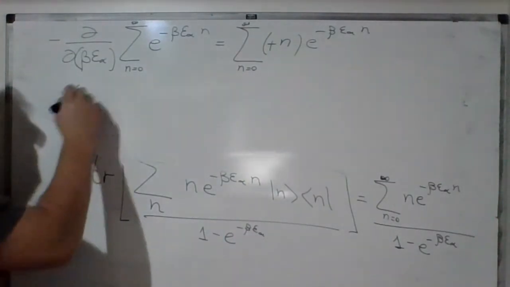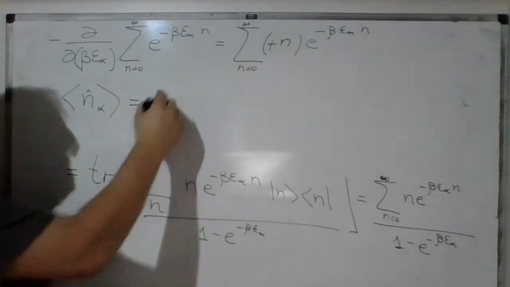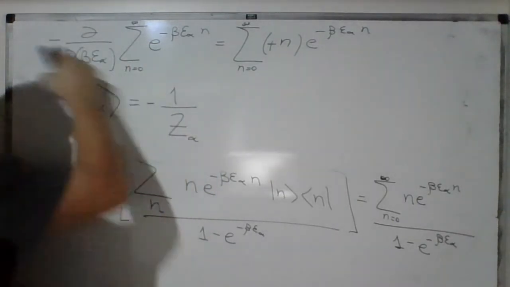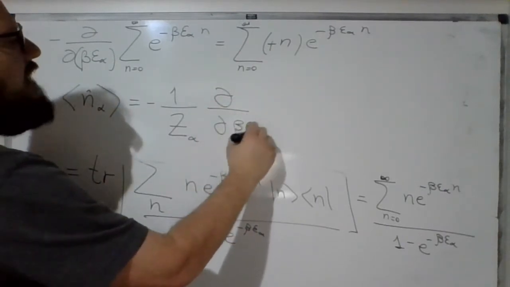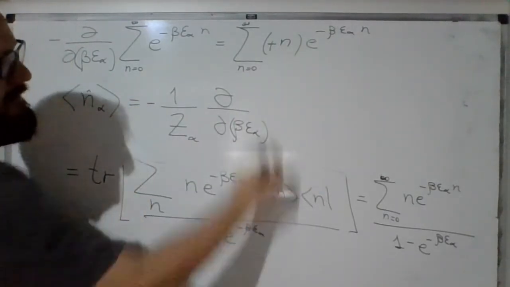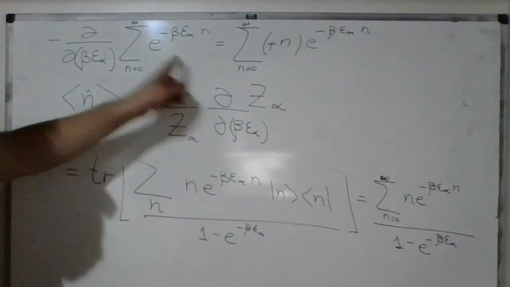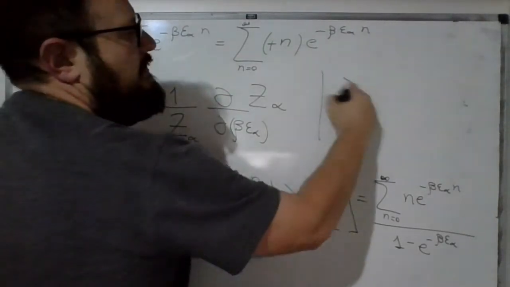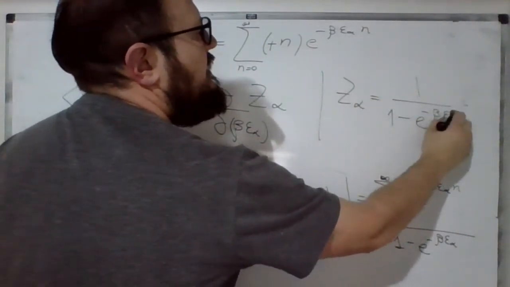So the number average, the occupation number on average, is just 1 over the partition function for that state alpha, with a minus sign which comes from the derivative with respect to beta E alpha, of the partition function Z alpha, which is this object here. But this object we already calculated. Remember, Z alpha is just 1 over 1 minus e to the minus beta E alpha.